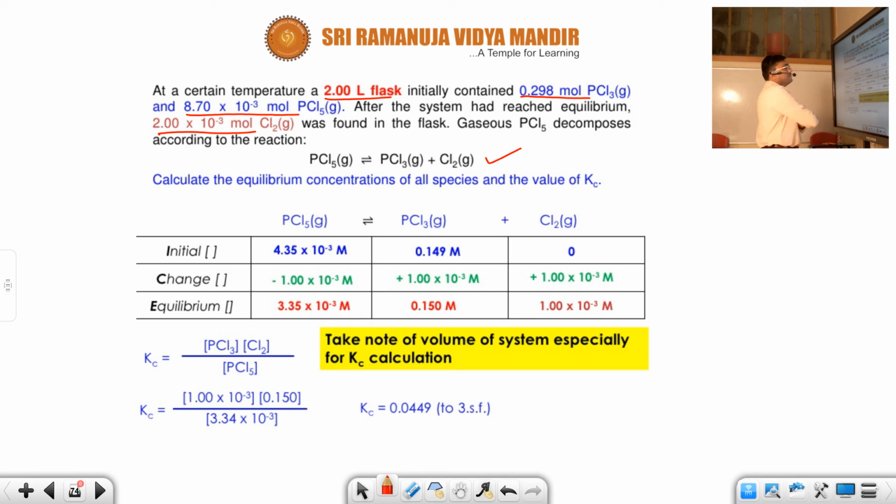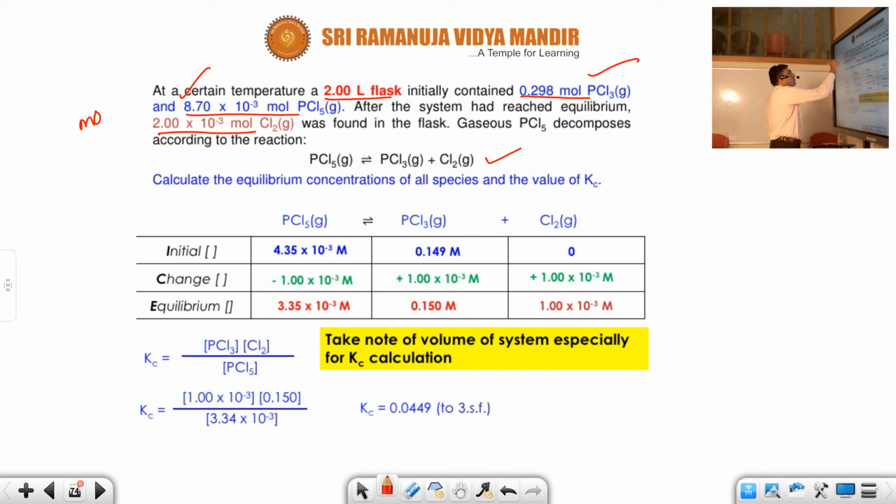Students, try to understand. In this question, the initial values are given, 4.35 into 10 power minus 3. This is half of the moles, per liter.